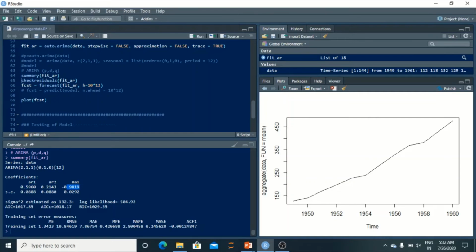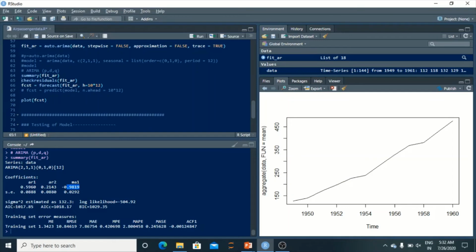The AR process has two parameters, AR1 and AR2, and the MA process has one parameter, MA1. Then sigma square is estimated as 132.3, along with the log likelihood, AIC, AICC, and BIC. These are the measures of a time series model which we consider while comparing one model with another.